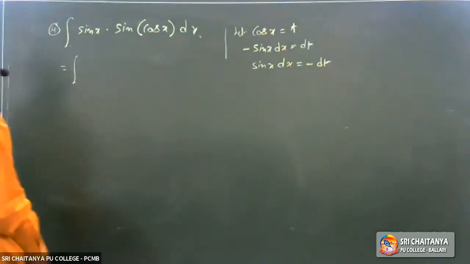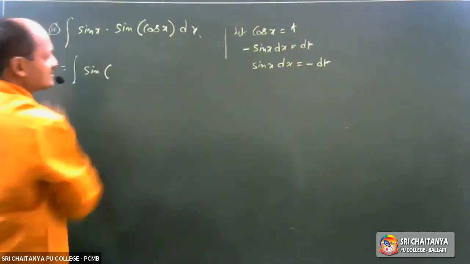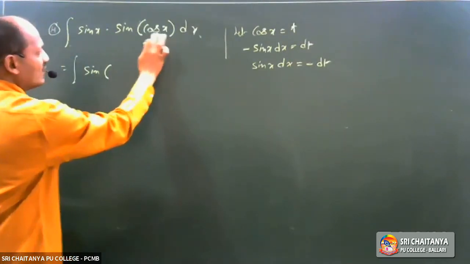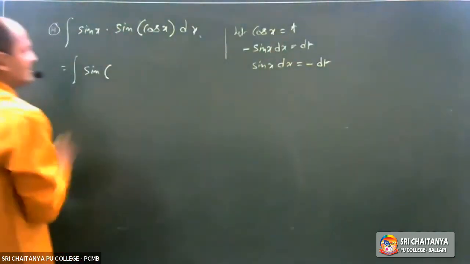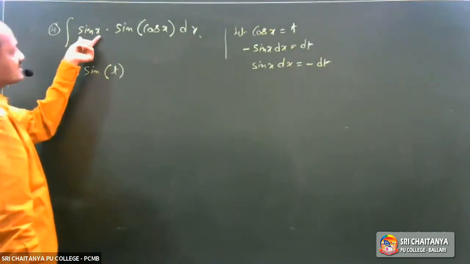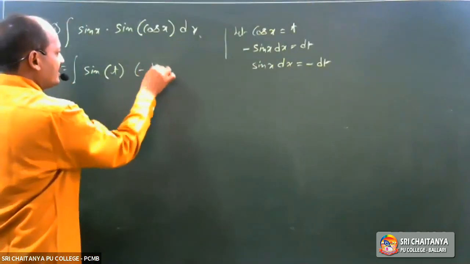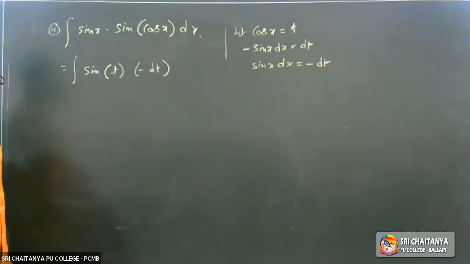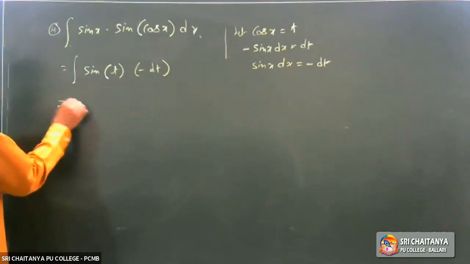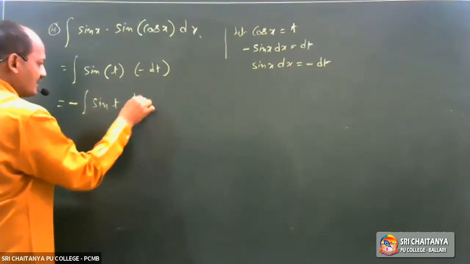Integral of sin of cos x. This cos x we consider t, so it is sin t. Then sin x dx is equal to minus dt. So minus integral of sin t dt.